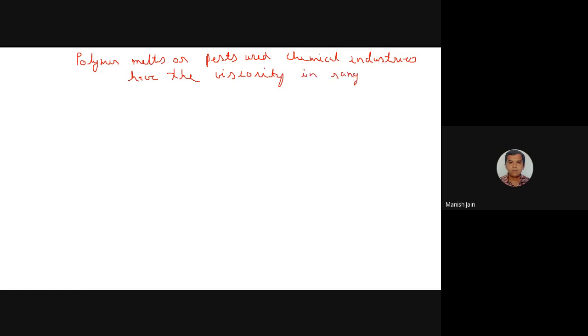So polymer melts or pastes used in the chemical industry have viscosity in the range of 1000 centipoise to 1 lakh centipoise.